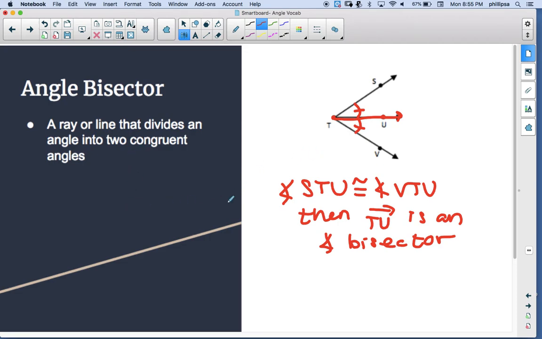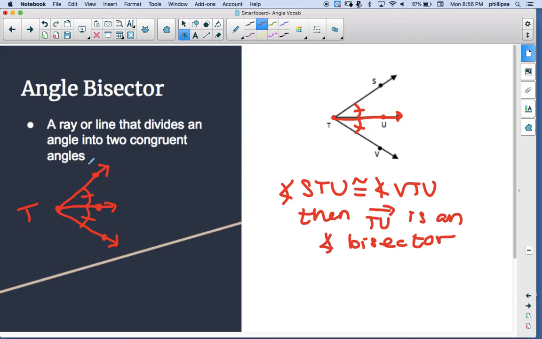Okay, actually I want to take a second and take a look at this angle and how I named it. So I said that angle STU is congruent to angle VTU, which is a correct way of naming this angle.